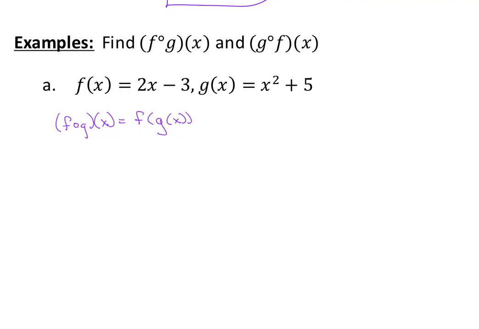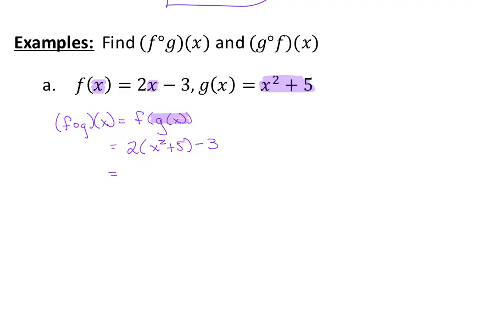And I want to take my g of x and plug it in for x in my f equation. And my g of x is equal to x squared plus 5. And so what we're going to get is this is equal to 2 times g of x, which is x squared plus 5, and we have minus 3.